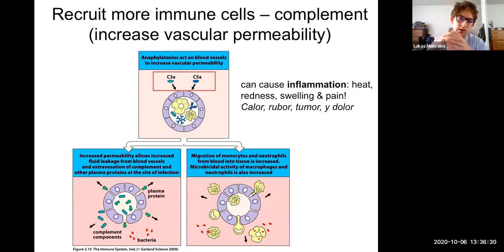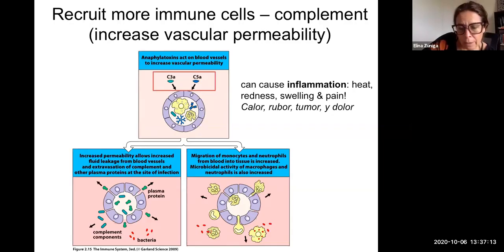Is there anything mechanically happening that's different between C3a and C5a dilation of blood vessels, allowing this permeability and causing the heat, redness, swelling, and pain to get rid of the infection, and, let's say, the parasympathetic nervous system dilating our blood vessels? Is there a difference mechanically?